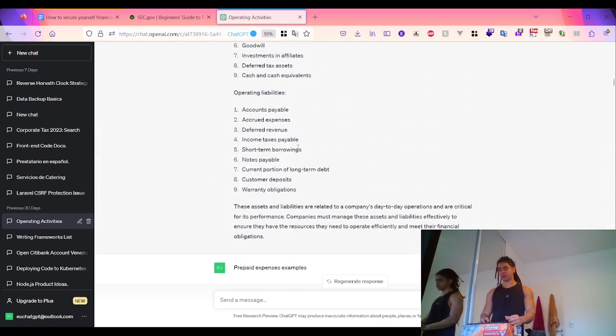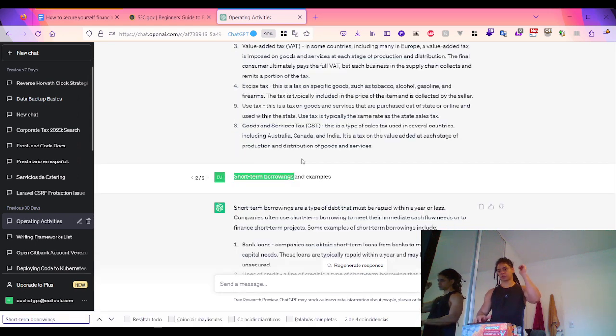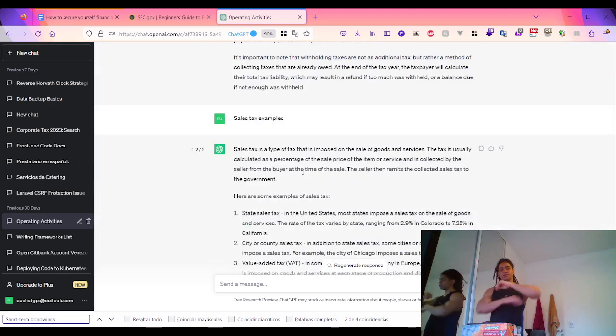So keep looking at income taxes payable. We have corporate taxes, sales taxes, and withholding taxes, which is very important because this is money that is deducted from the gross employee salaries to pay directly to the government.